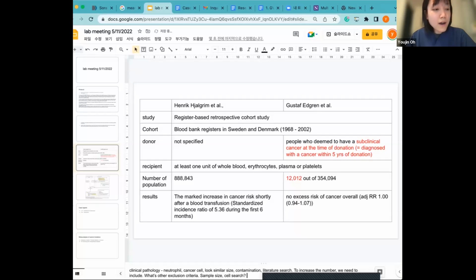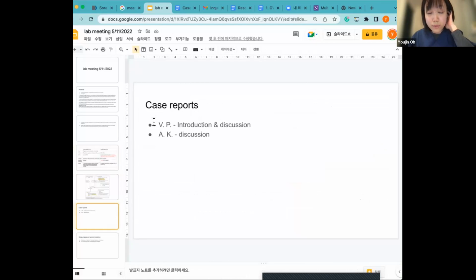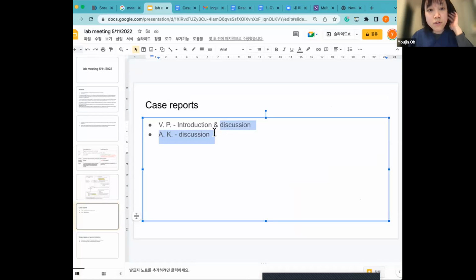Yeah, I will reach out to them with the proposal. The proposal was done yesterday, so we haven't reached out to them yet, but we will do it today. Okay, I think that's it for me. And for the 2 case reports on our list, they're still under revision for the discussion part, but I'll make sure to finish it by next week, I think.